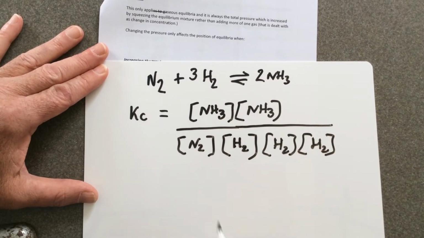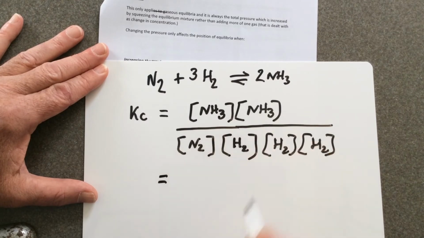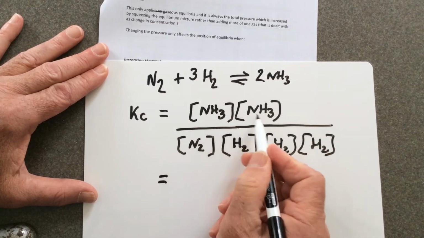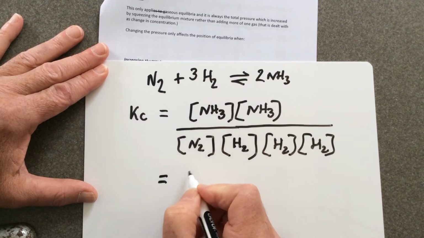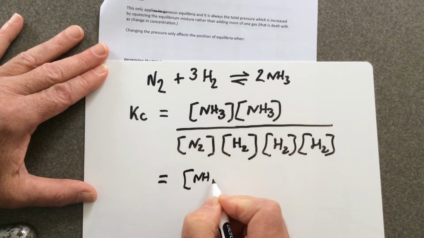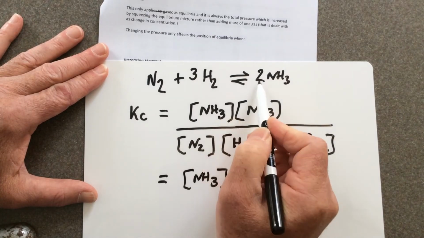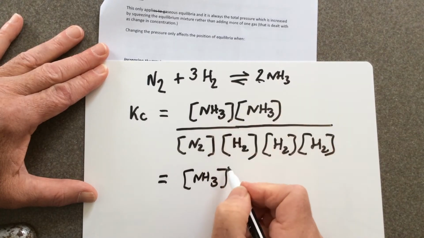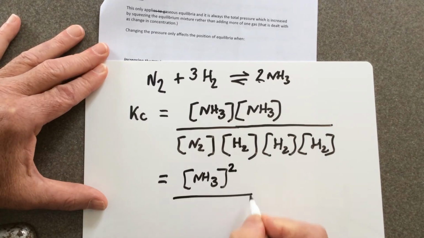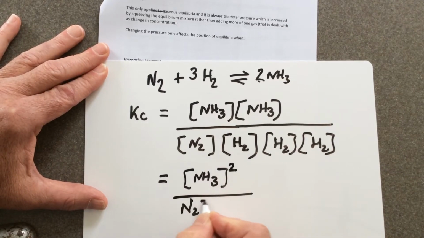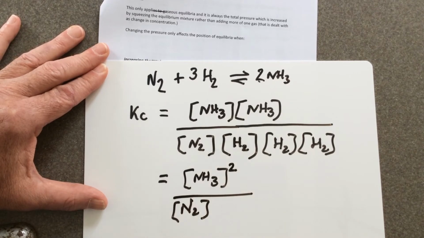Now I could simplify that. Nobody ever writes it like this. I've got ammonia concentration times ammonia concentration on the top. So whatever that number is, that is the power that I'm going to use. I've got 1 lot of nitrogen on the bottom.